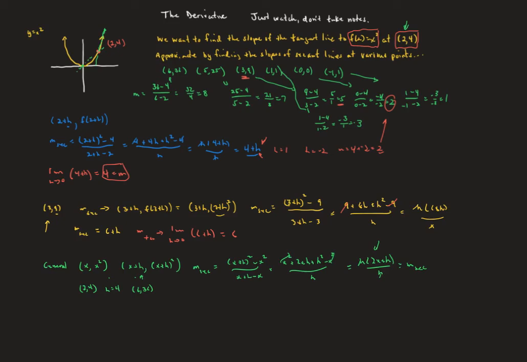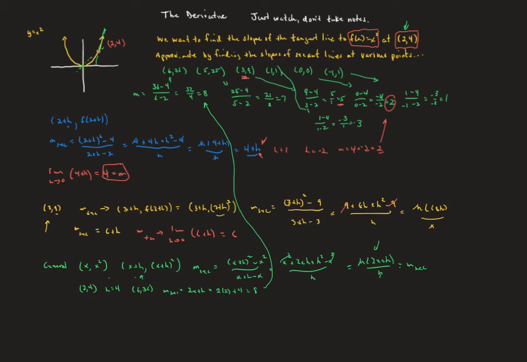And our formula would say the slope of that secant line would be 2x plus h, and we chose 2 for the value of x and 4 for the value of h, which would make that slope of the secant line be 8. And that's exactly what we did over there.